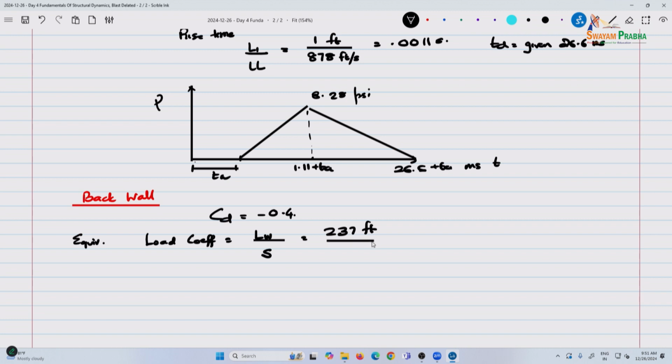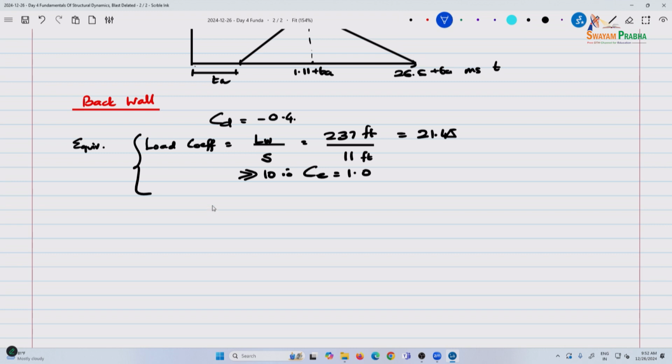And S is the height, the lesser of the two. So in this case, the height was 11 feet. And so this comes to 21.45. So again, from this, much greater than 10. So CE equal to 1.2.